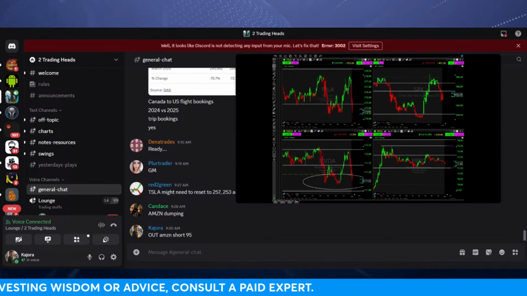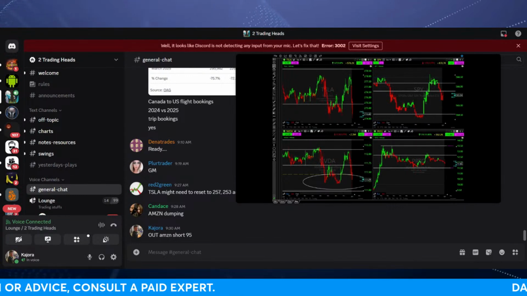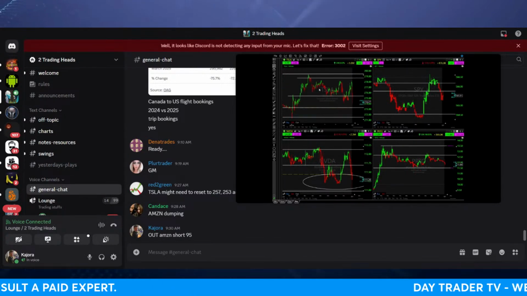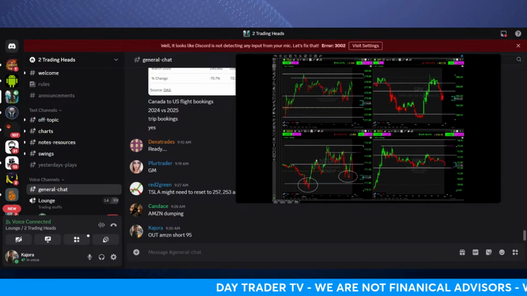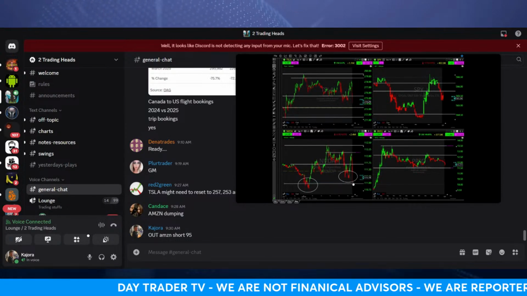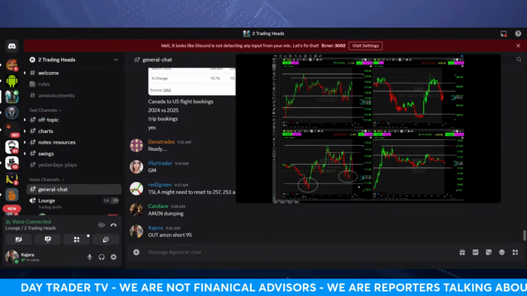Right now they're trying to break the support here on Nvidia. Let me zoom out so you guys can see it better. Tesla is also coming down to support. Nvidia is coming down to support. If it breaks this support line here, it's done with the head and shoulder, right?